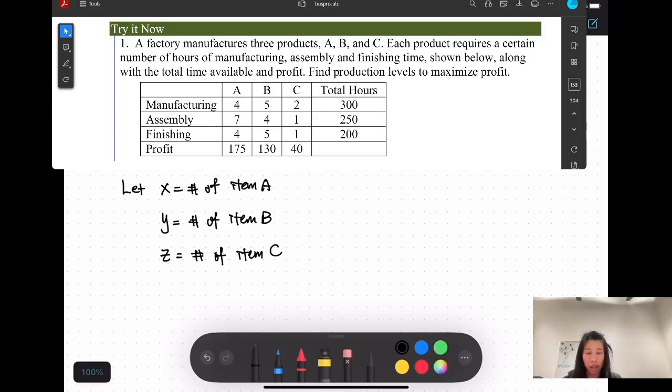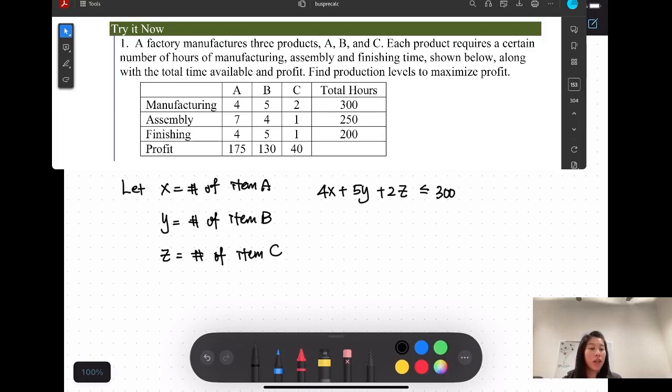That should include manufacturing item A, item B, and item C. So the first constraint function should be 4x plus 5y plus 2z less than or equal to 300.